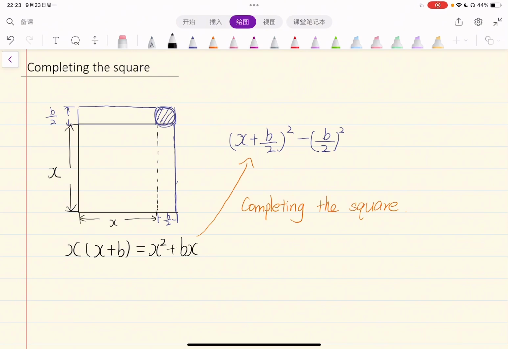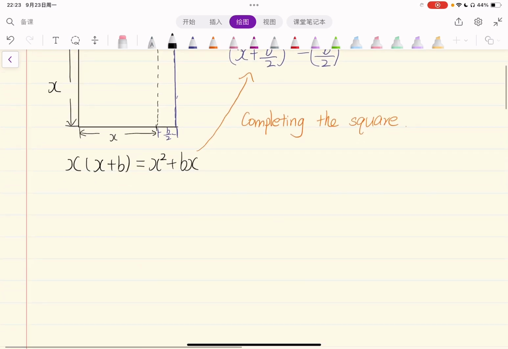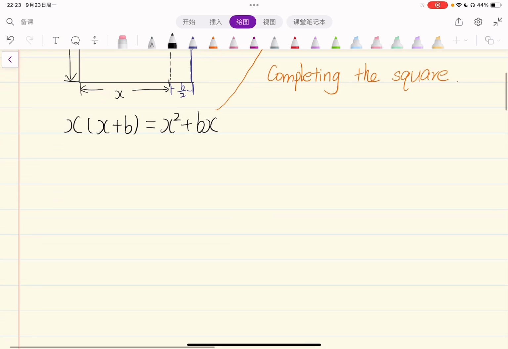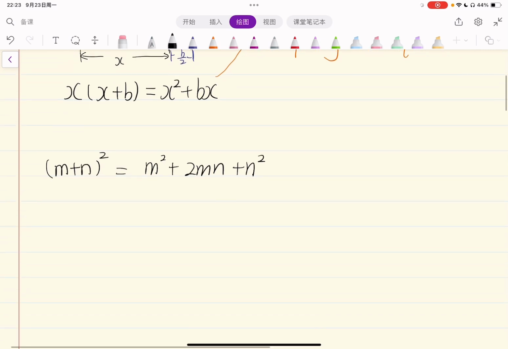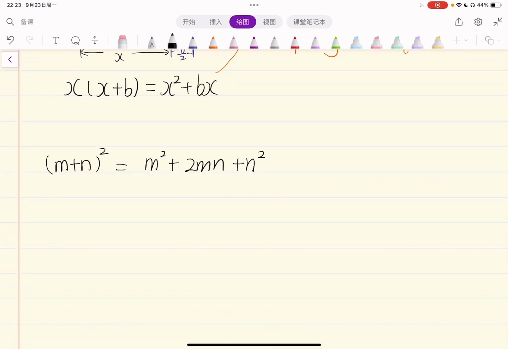Now we understand completing the square by showing the diagram. How about in the algebraic way? We firstly need to recap the previous knowledge. That is m plus n squared equals m squared plus 2mn plus n squared. So for x squared plus bx, let m equal x and let 2mn equal bx.